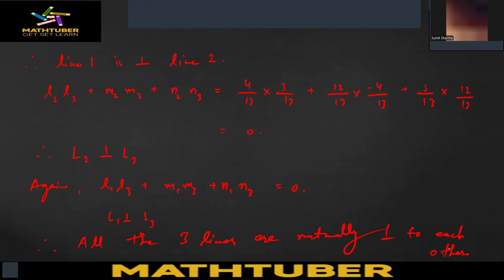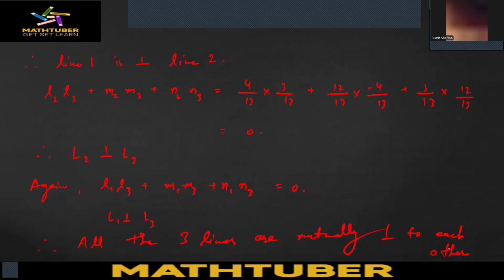That's the easy question. Now the second question says: show that the line through the points 1, -1, 2 and 3, 4, -2 is perpendicular to the line through the points. Again, we have to show that they are perpendicular.